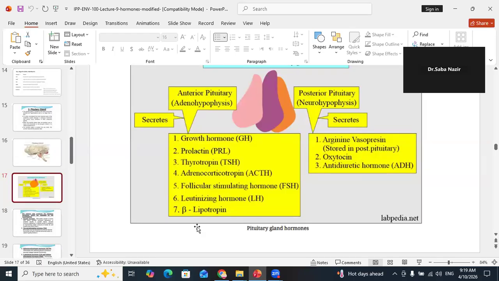There are seven different hormones released from it. The posterior pituitary gland is responsible for production of arginine vasopressin. It is responsible for the release of oxytocin hormone and antidiuretic hormone. Vasopressin or antidiuretic hormone are linked with the process of excretion.